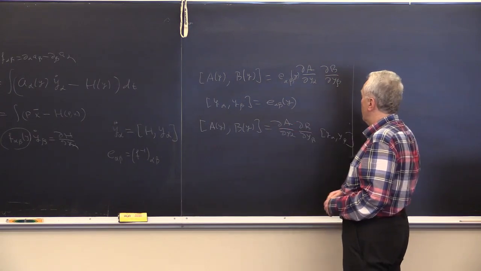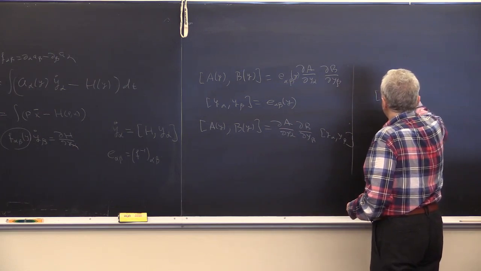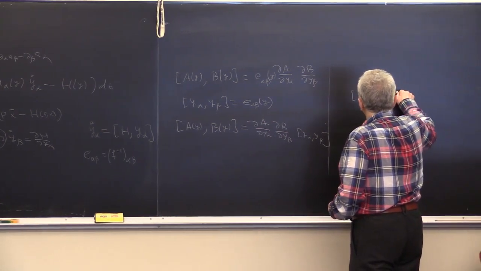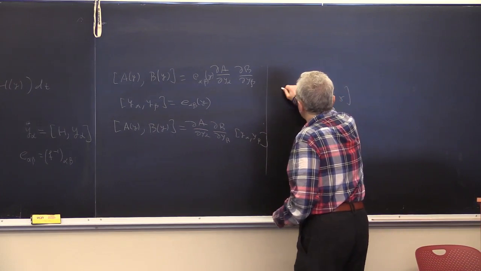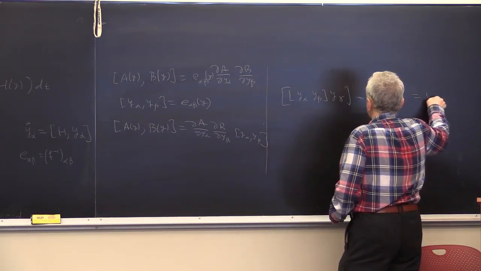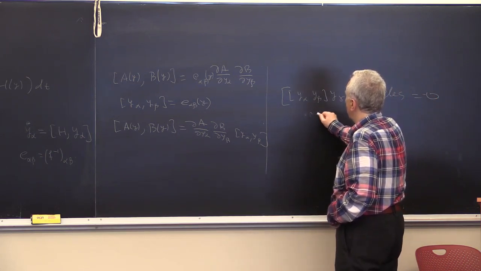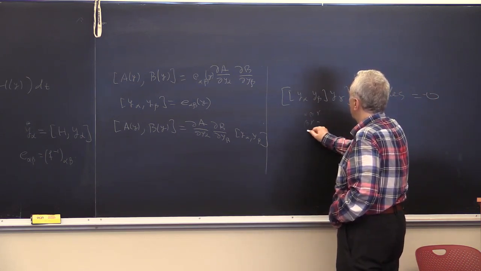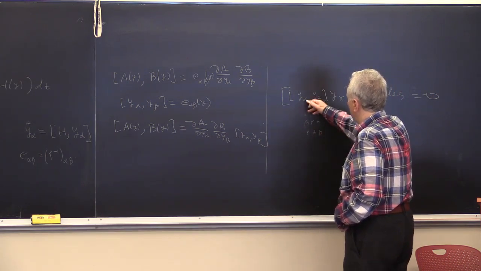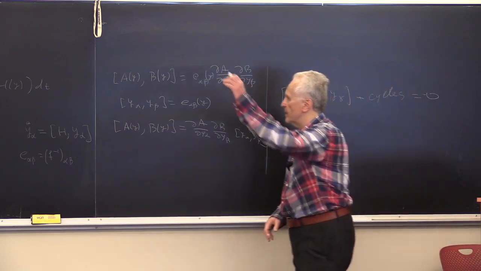the what is called the Jacobi identity. Plus cycles is 0. Cycles mean that you take the term alpha, beta, gamma, then beta, gamma, alpha, then gamma, alpha, beta. You replace. So when you sum it together, it's 0.